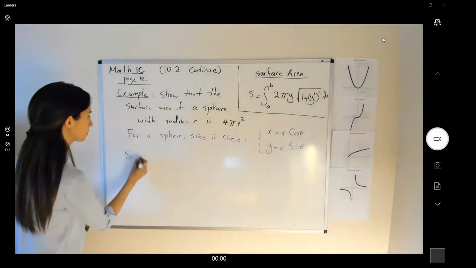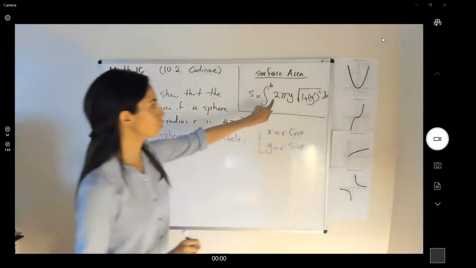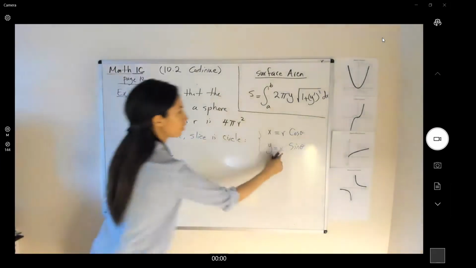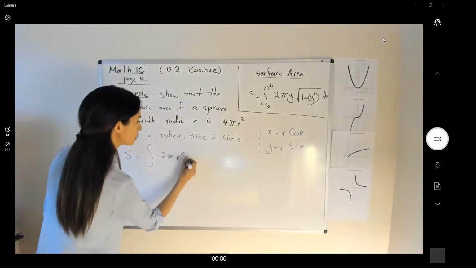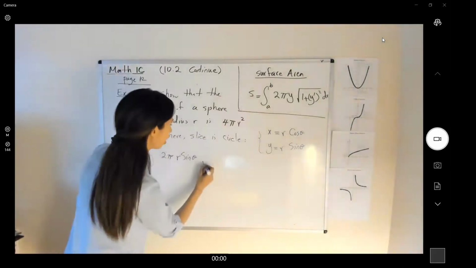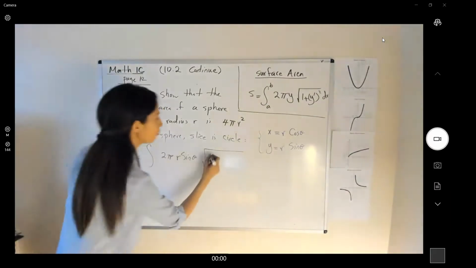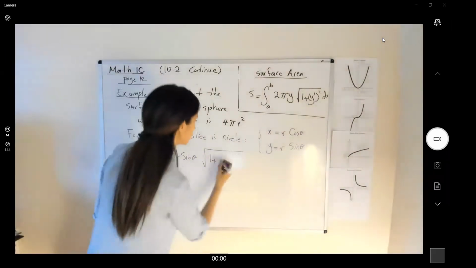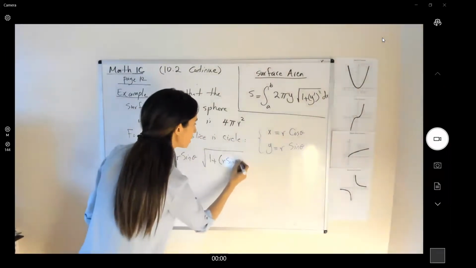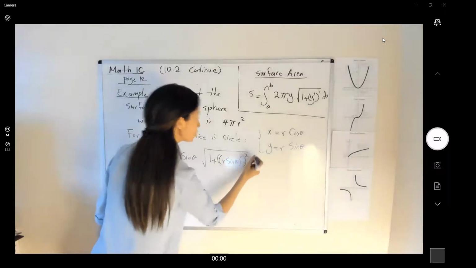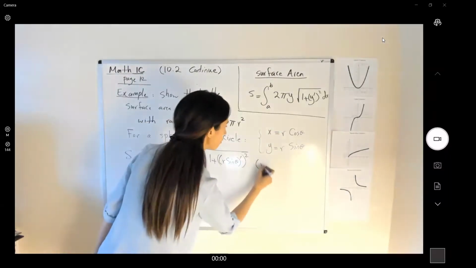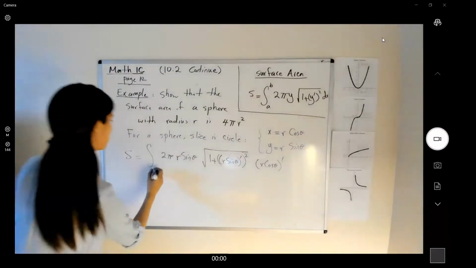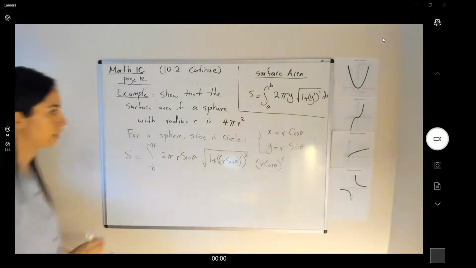So S is equal to the integral of 2 pi y, where my y is r sine theta, times square root of 1 plus the derivative of y squared, the derivative of r sine theta squared, times dx, the derivative of r cosine theta. And theta ranges between 0 and pi.